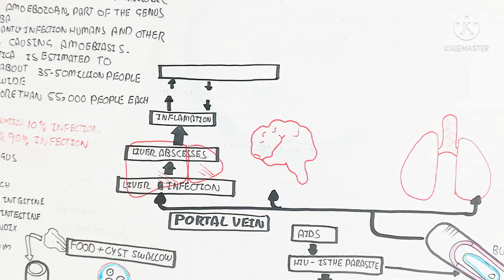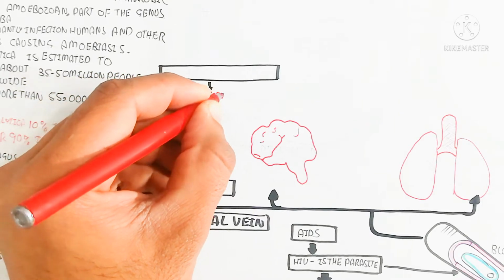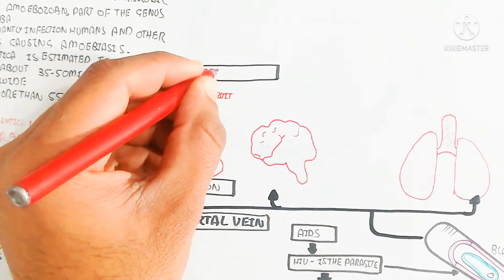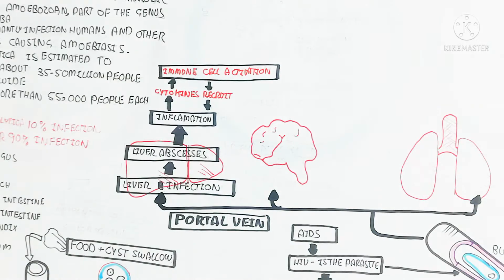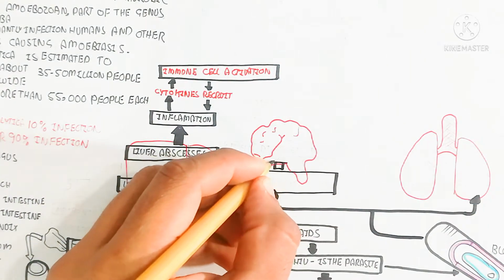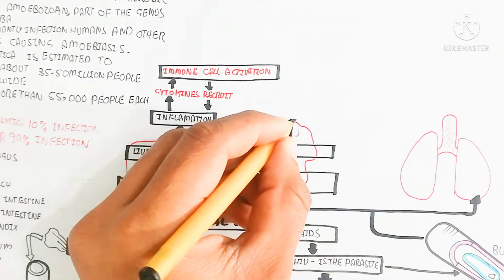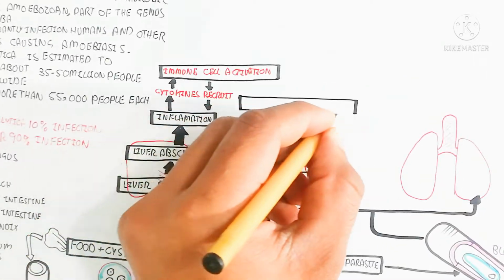After the inflammation, cytokines and chemokines will be produced, which are used for immune cell activation. After the immune cell activation, immune cells are recruited toward the infection site. That is why the inflammation will increase, and on the other hand there is cell death.